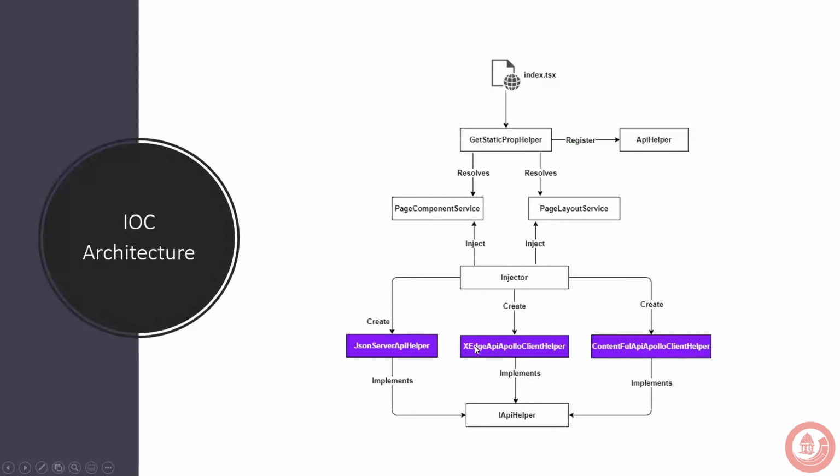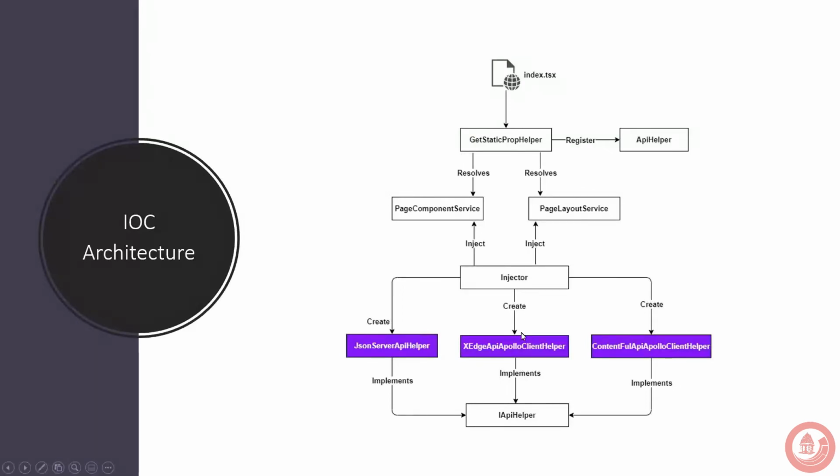If, for example, Experience Edge helper is registered, Experience Edge helper will be injected in the page component service or page layout service. And any call you make in those services will go to the Experience Edge implementation. So the data will come from that implementation.